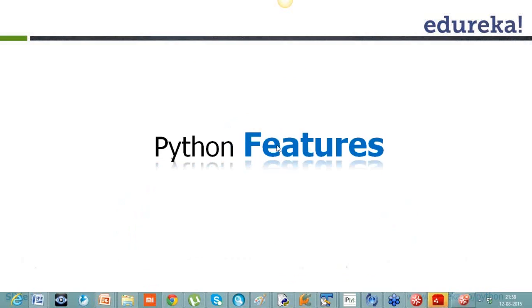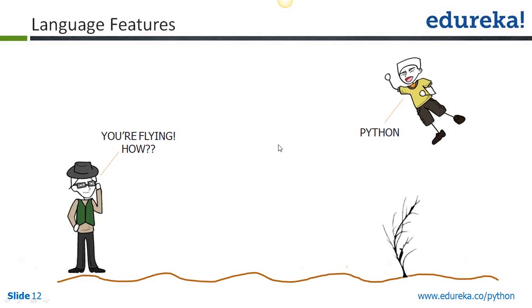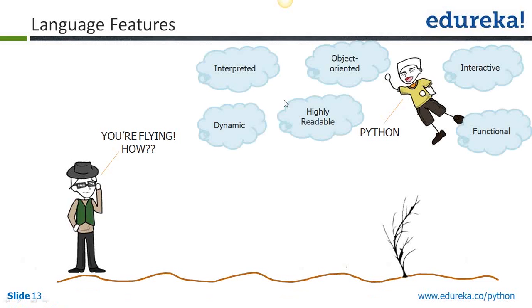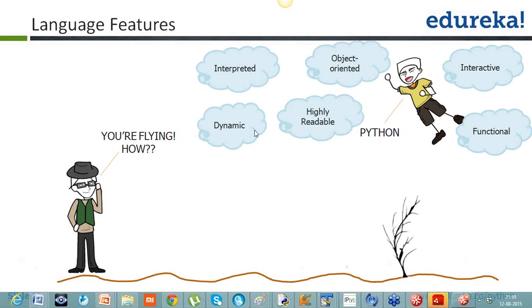So I'll come to Python features. Let's talk about the language features. So A, it is interpreted. B, it is dynamic.